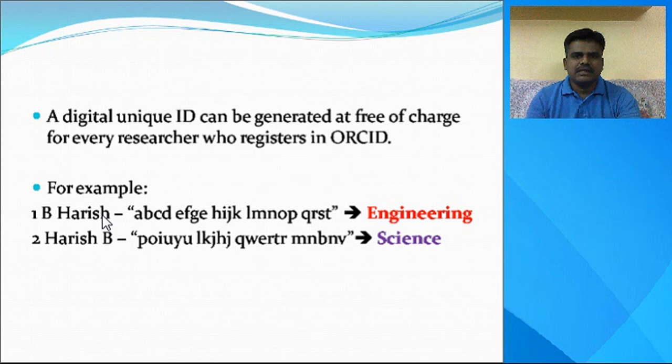The database may include another author's name instead of your name. That is the reason a digital unique ID has to be given to each and every author, to avoid this confusion or problem.